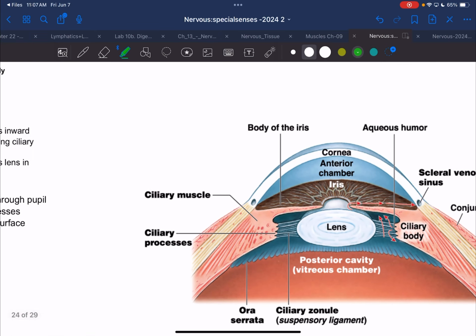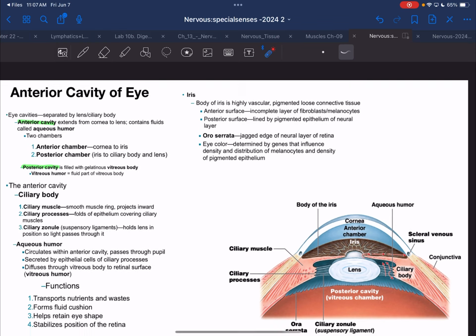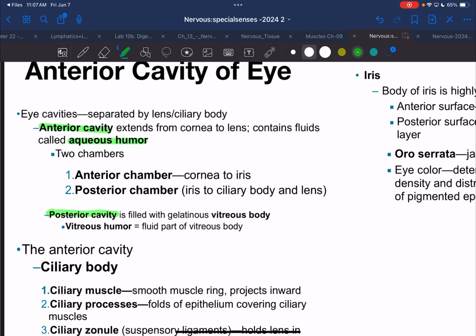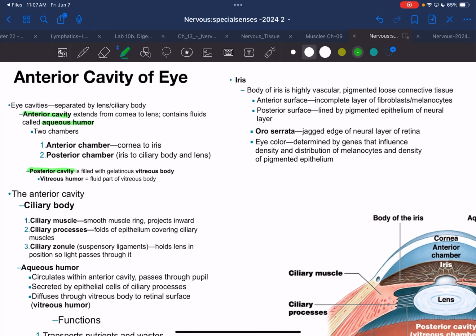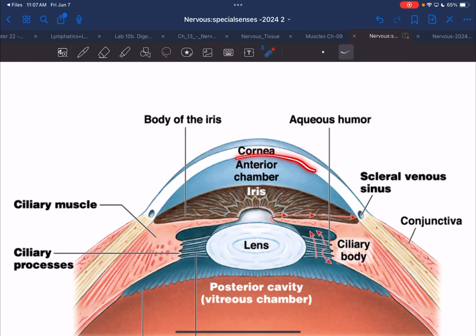That anterior cavity, as I mentioned before, this space has aqueous humor. Within this space, within this anterior cavity, you have two chambers, an anterior chamber and a posterior chamber. Oh, sorry, right here, posterior chamber.